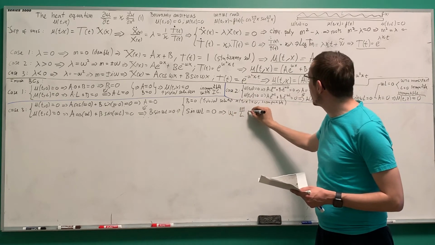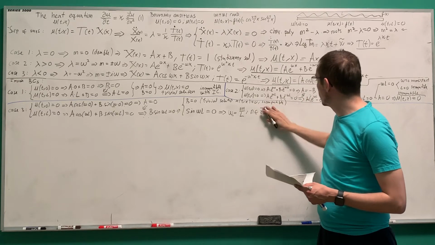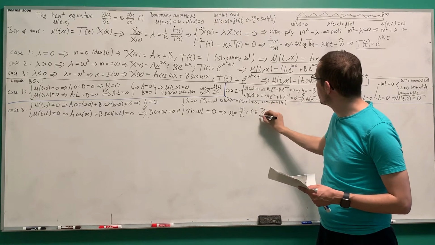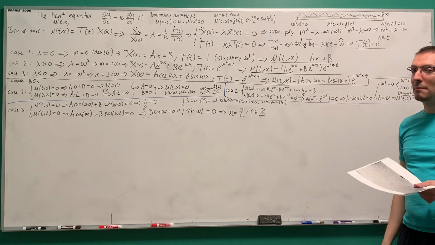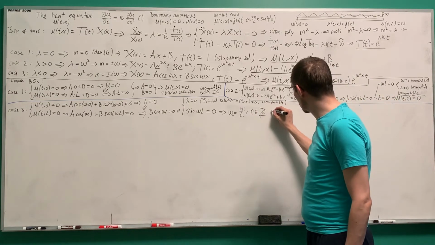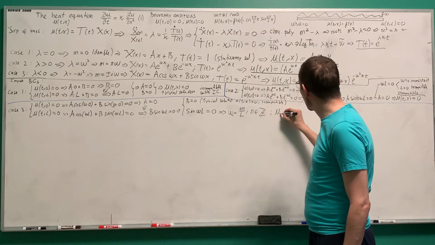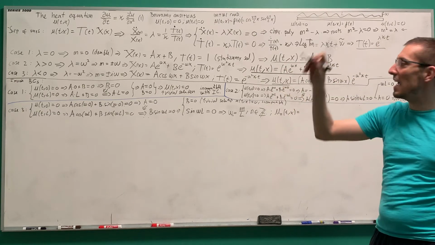There are as many as integers. So n is an integer. And that means there's an infinite number of solutions. Let's write those solutions. So u sub n of t, x is going to be equal to the x sub n.